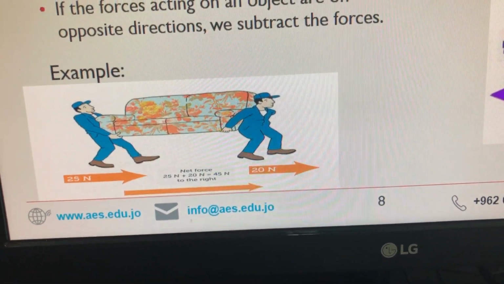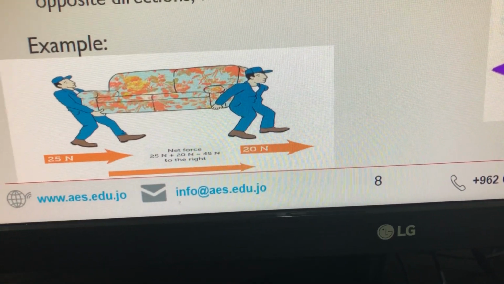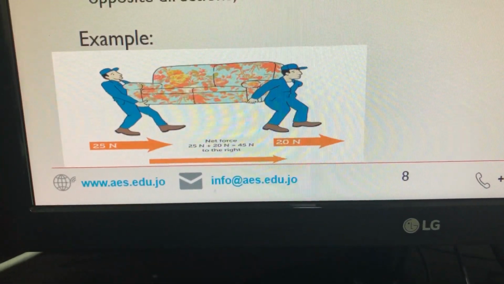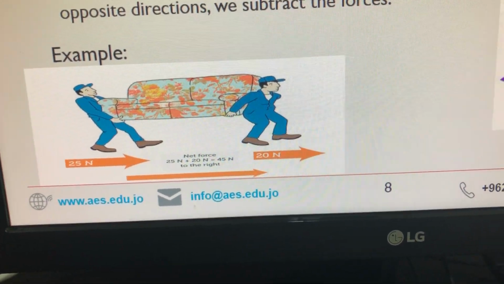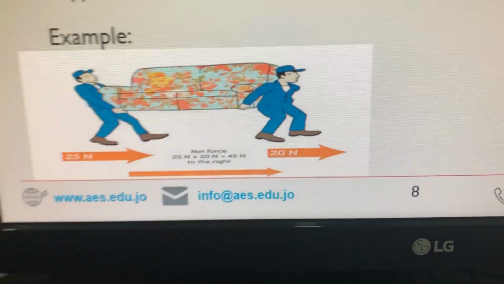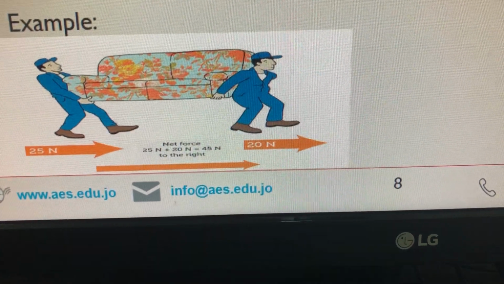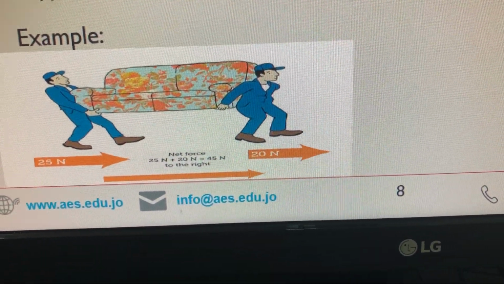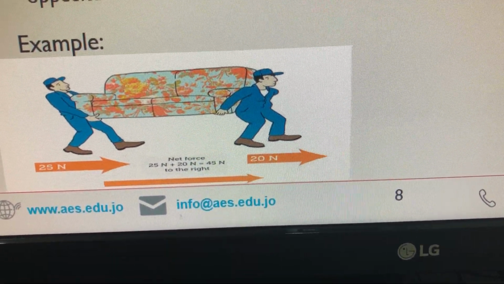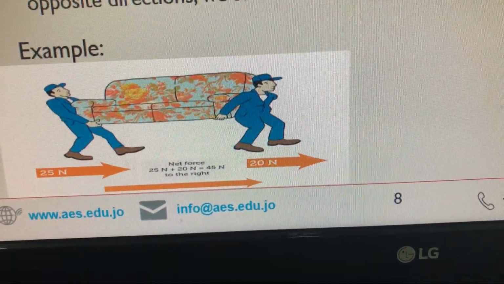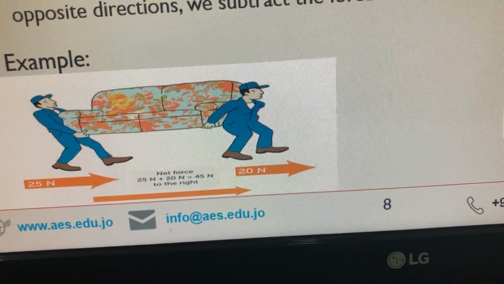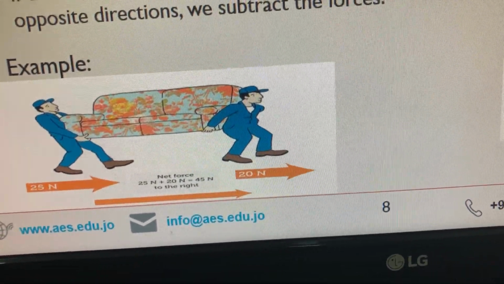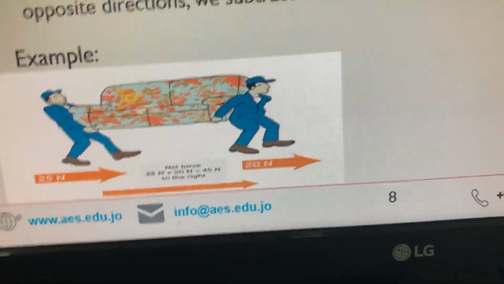So when we have two forces acting on an object that are going in the same direction, and these are going the same direction to the right, we add them. So to calculate the net force, 25 Newton plus 20 Newton equals 45 Newtons to the right, because the forces are both going to the right. So that's why we did not subtract them, we added them.